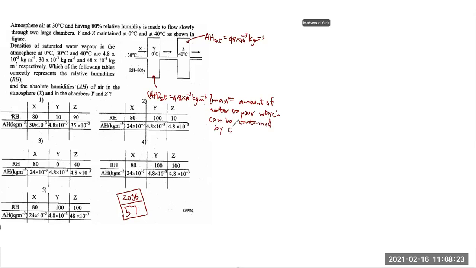So if you send an air sample with lower AH than this, then the air sample can be here. But if you send an air sample at a greater absolute humidity than this, what will happen? Water is going to condense, because it will keep only 4.8 in the air. Remaining ones will condense. Can't help. Okay. Right. Same thing will be applied here.